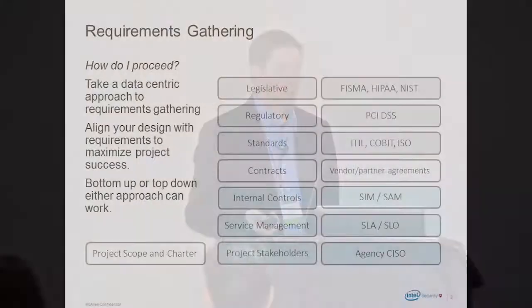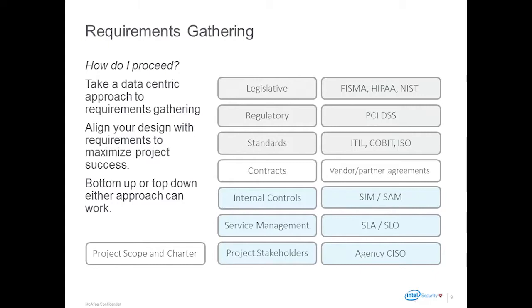But ultimately, you can also turn to the project stakeholders, your agency CISOs, your other department agency representatives, to get their perspective on why a new system needs to go in, what are the availability requirements, the data requirements, privacy requirements, and document those in a project scope and charter at the beginning of the project.